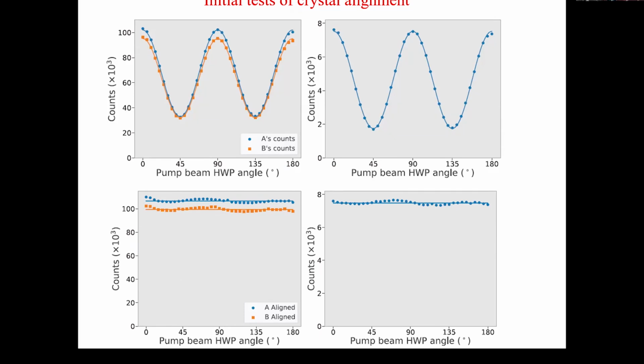These are single counts and these are coincidence counts. Here we have single counts and coincidence counts. If everything is properly aligned, changing the pump beam angle should not change the counts. So when we have data of this kind in which the counts are independent of the pump beam angle, you achieve an initial alignment. And you can show this mathematically.